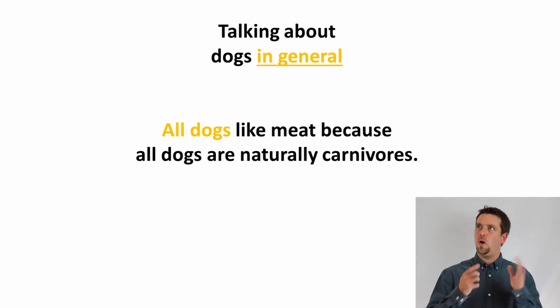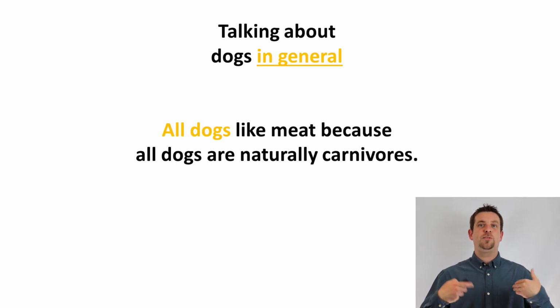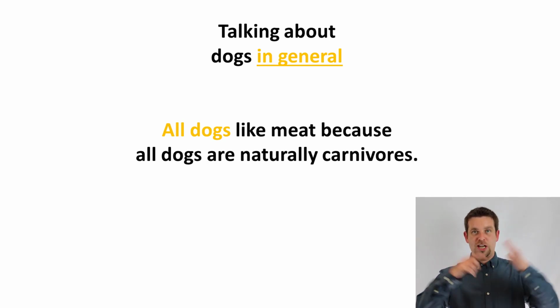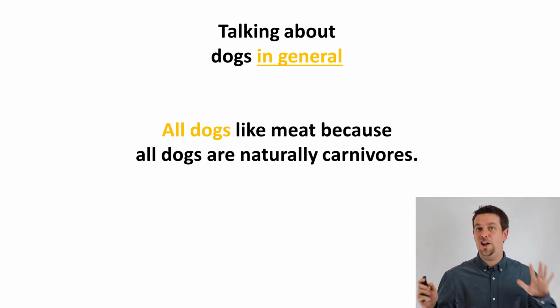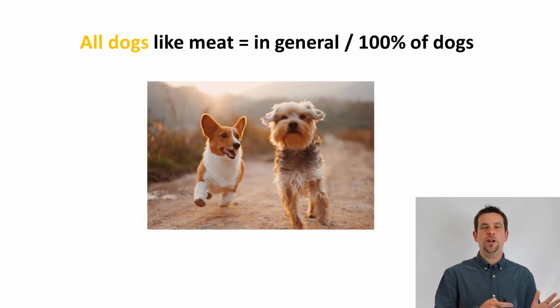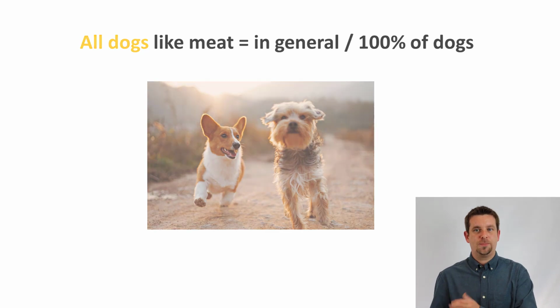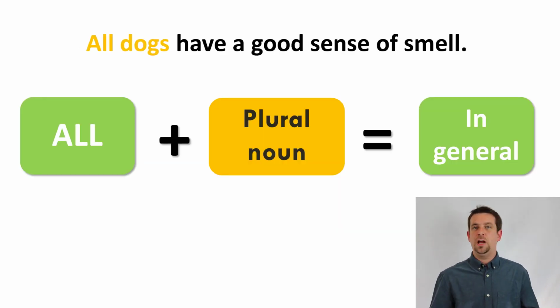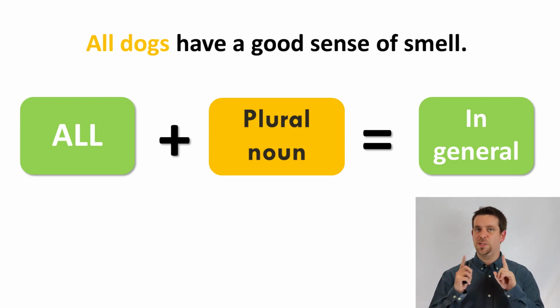But the moment I say "all dogs," I am referring to 100% of all dogs on planet Earth. Okay? All dogs like meat. In general, 100% of dogs. And this is where, for example, we can also say "all dogs have a good sense of smell." We use "all" with a plural noun, and we're just talking about dogs in general, not talking about a specific dog.